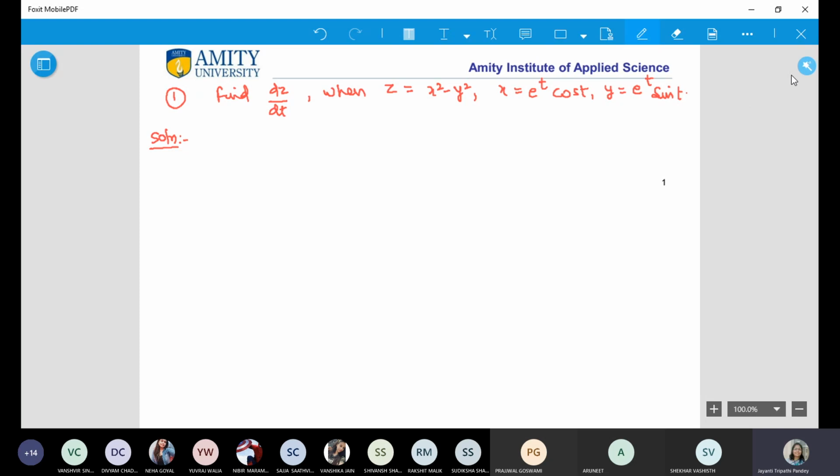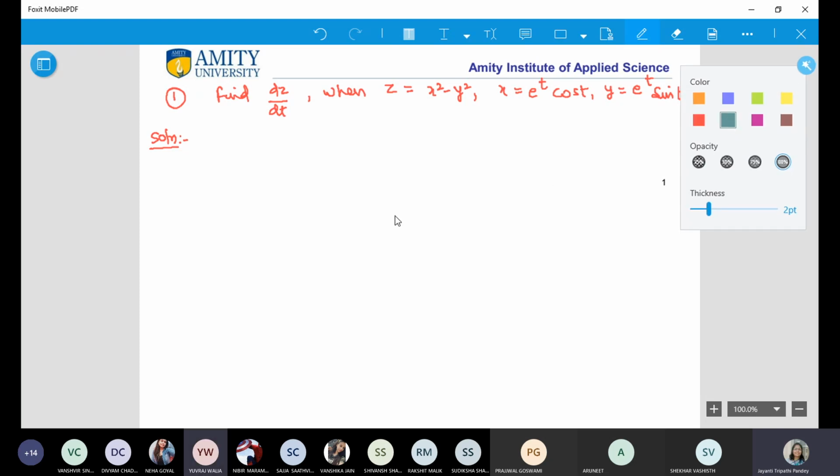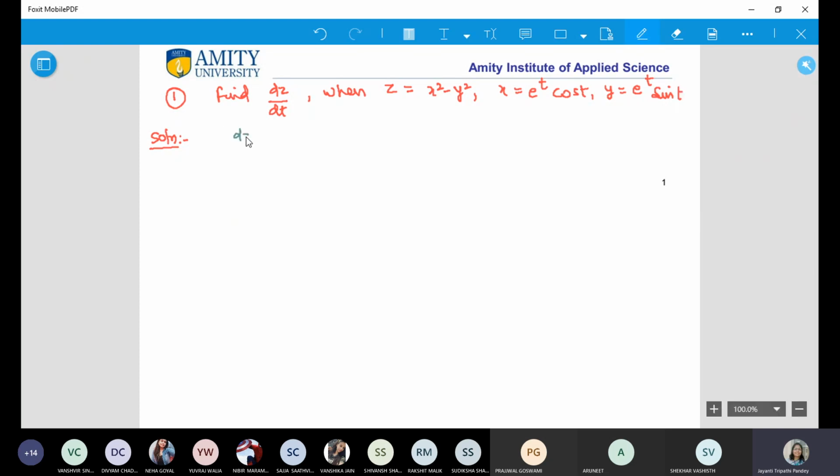Which formula will help here? The second formula. Okay. So we will write dz by dt is equal to del z by del x into dx by dt. I want you to understand why I am using d here and delta here.